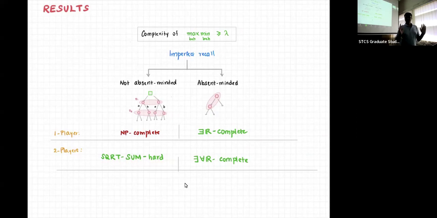This just strengthens your thought about the problem. Given a bunch of non-negative numbers A1, A2, up to AK, and a number P, is the square root of A1 plus the square root of A2 plus dot dot dot plus the square root of AK less than or equal to P?